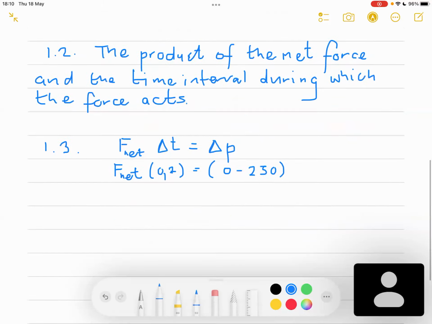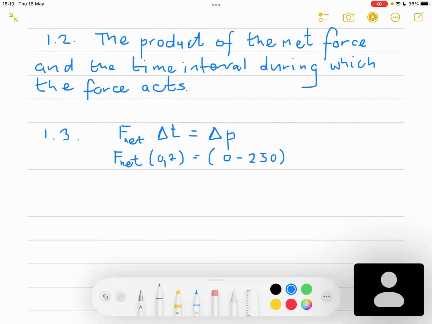If you do this calculation, then you will get that the net force is equal to minus 1250 newtons. Then the question said calculate the magnitude of the net force.